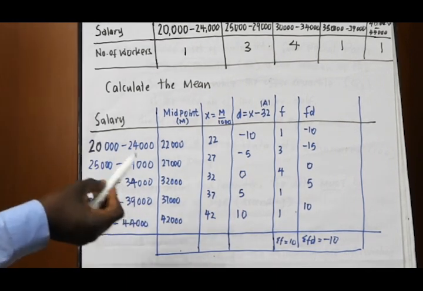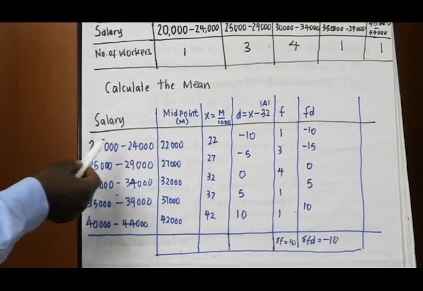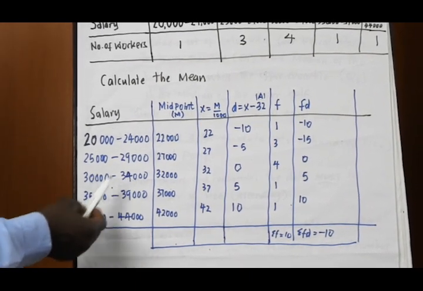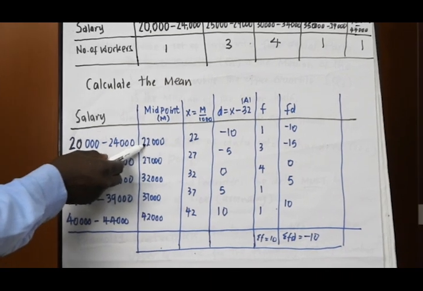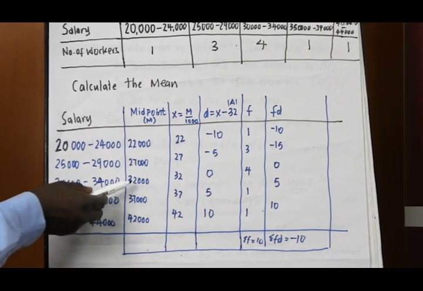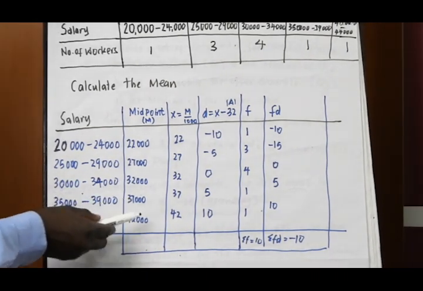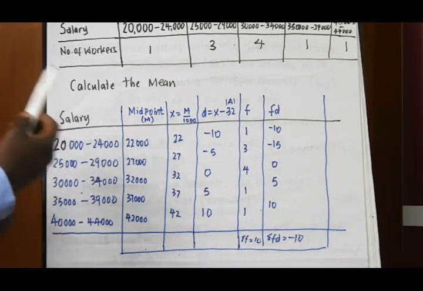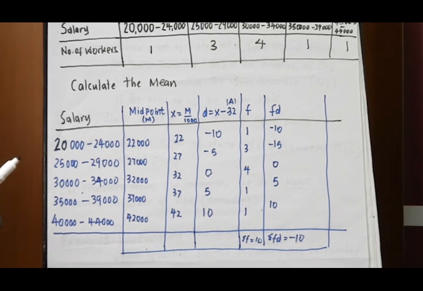Our midpoints, as usual, we add these 2 and then divide by 2, and the same for the rest. So our midpoints are 22,000, 27,000, 32,000, 37,000, 42,000. These are large numbers.